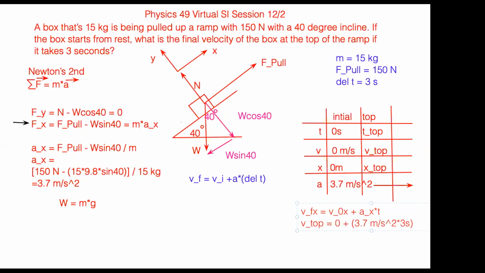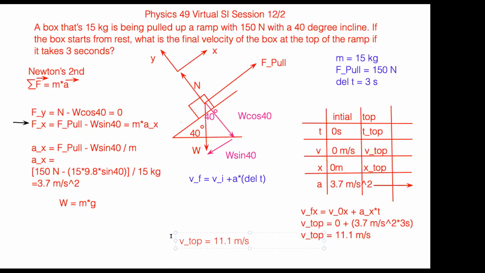And then when you calculate that, you should get v_top is equal to 11.1 meters per second. All right, so it will be 11 meters per second at the top of the ramp. For everybody following with this problem, you probably have to notice that we don't care how long the ramp is.